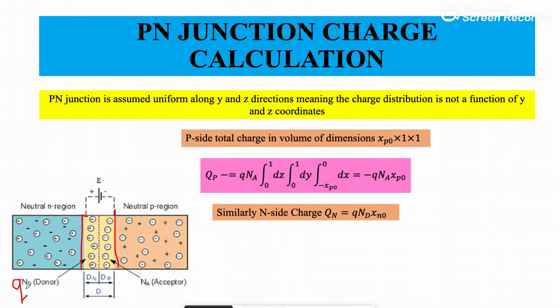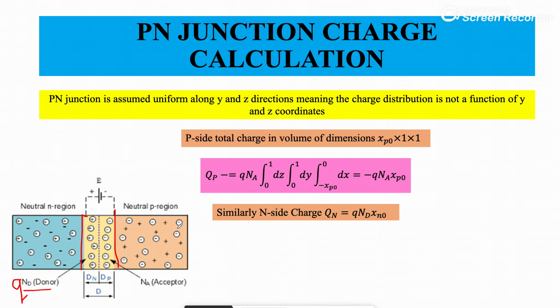So q times N_D is your charge density, that is charge per unit volume, on the n side of the space charge region.